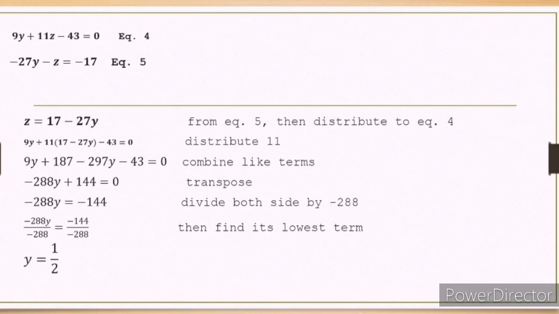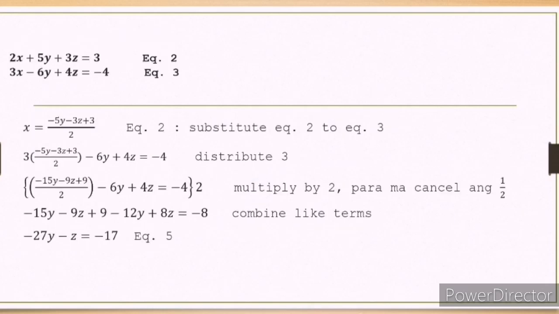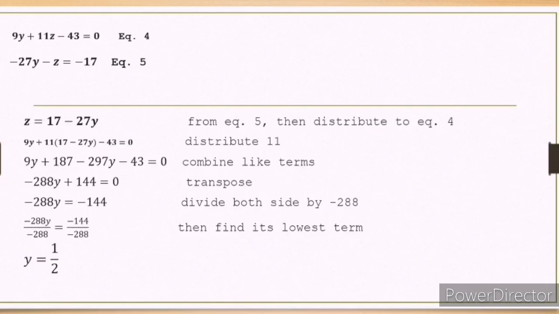Then now substitute equation 5 to equation 4. z is equal to 17 minus 27y. 9y plus 11 times quantity 17 minus 27y, minus 43 is equal to 0.